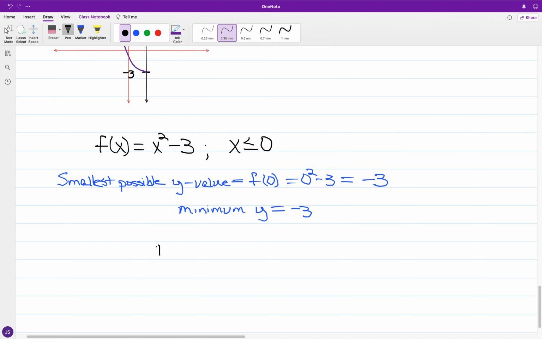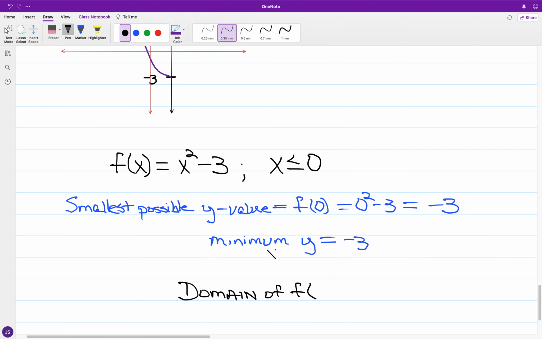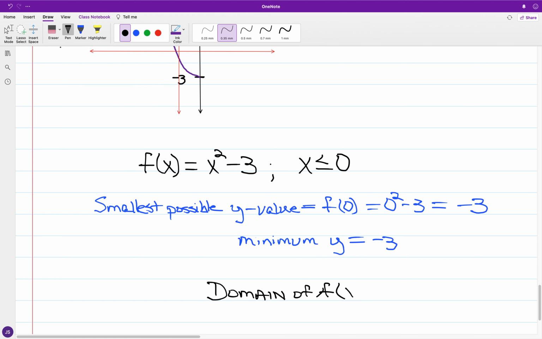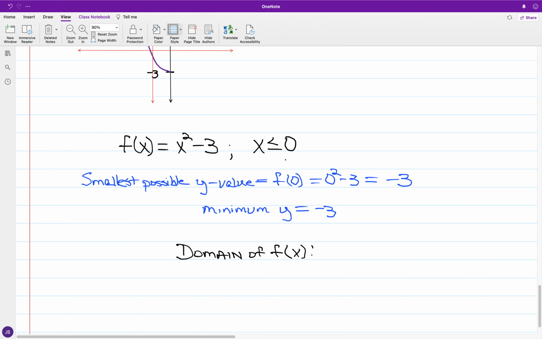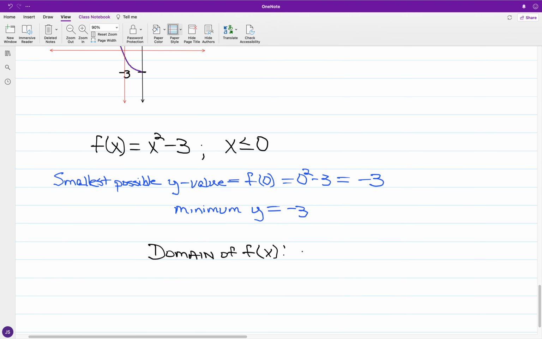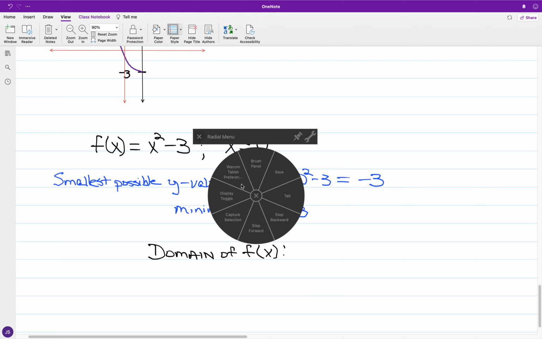Okay, so for the domain of f of x, again we have x is less than or equal to 0.